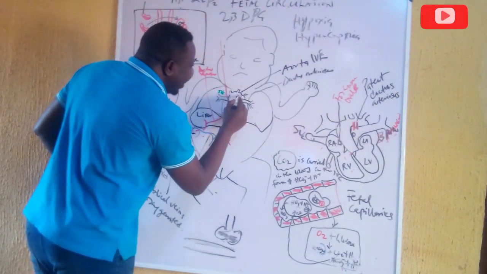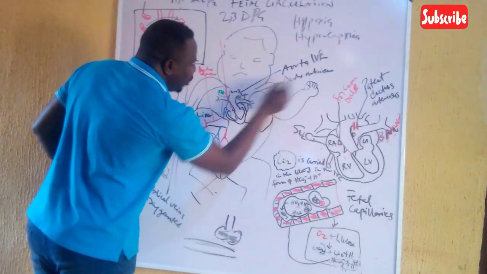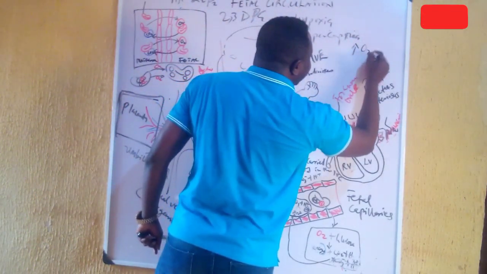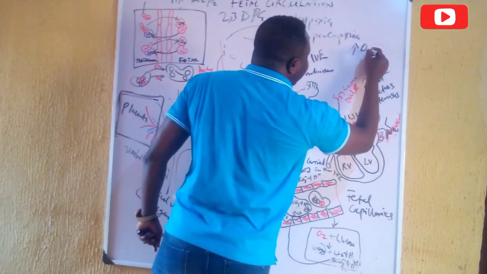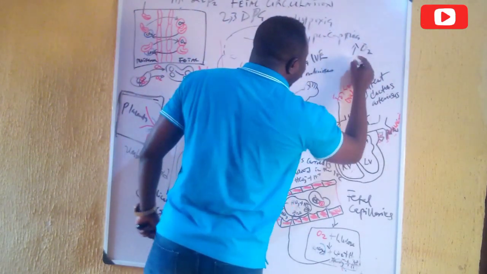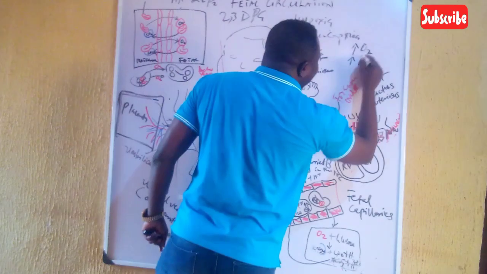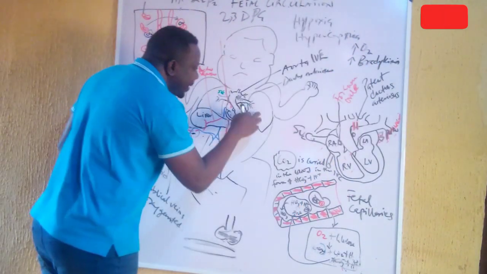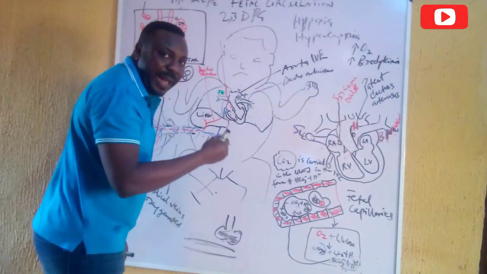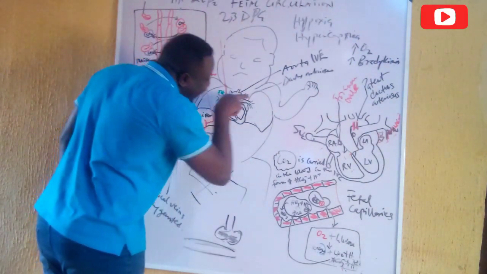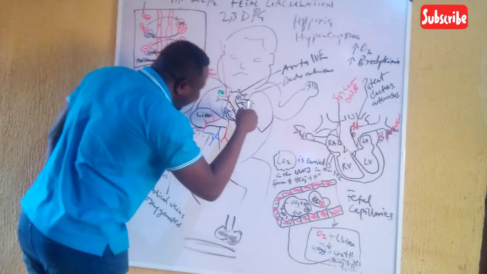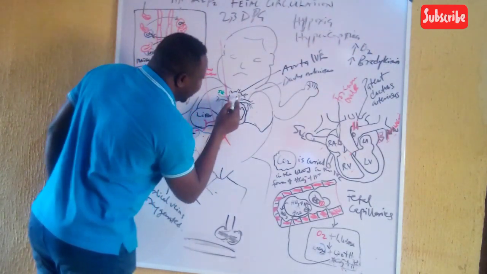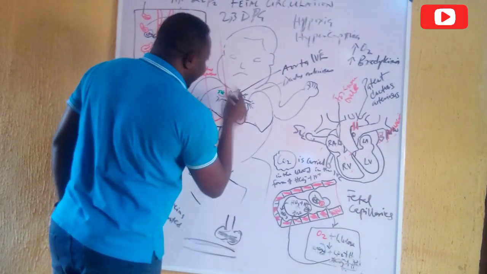So the factors that actually bring about the constriction of the ductus arteriosus are high oxygen concentration and high concentration of bradykinin in the blood. Now, when the lungs become functional, they begin to produce bradykinin. And so when blood passes through the lungs, it carries along with it bradykinin. Of course, bradykinin will cause the constriction of ductus arteriosus.